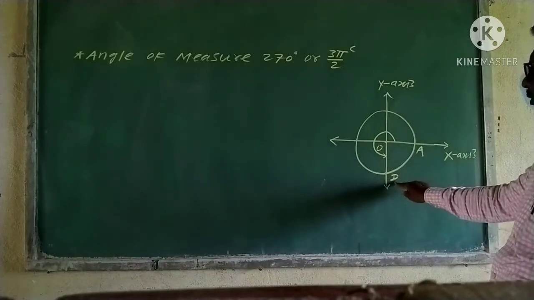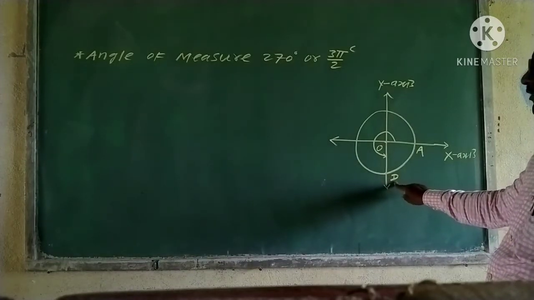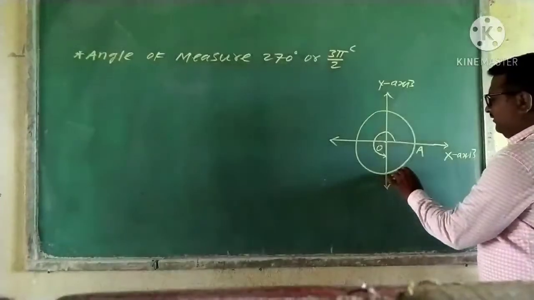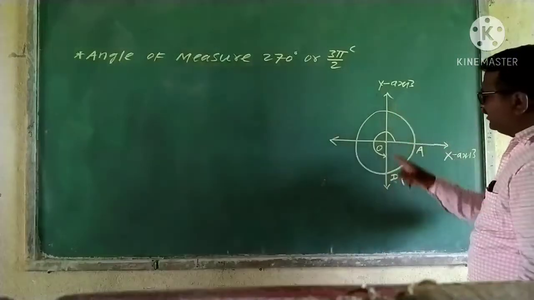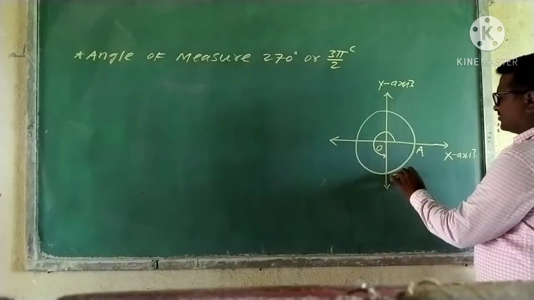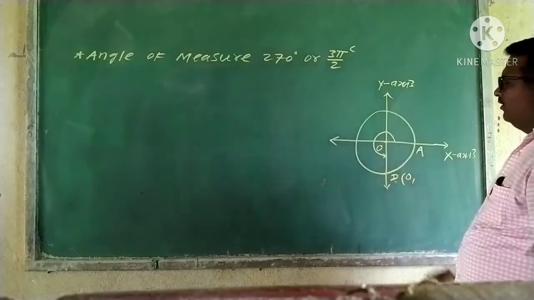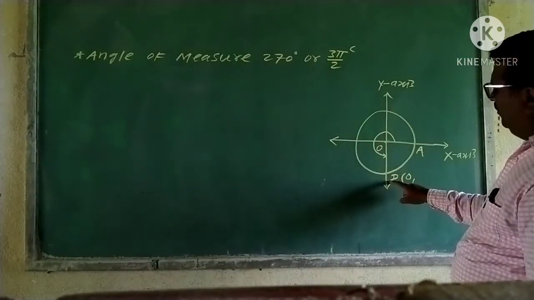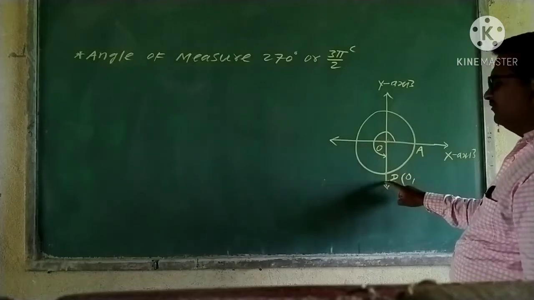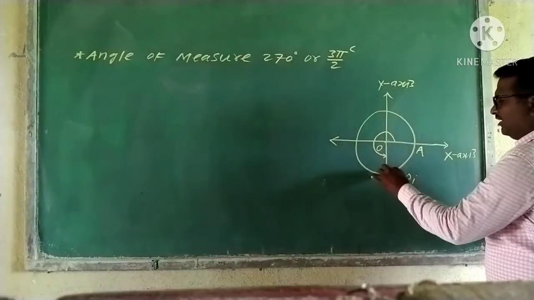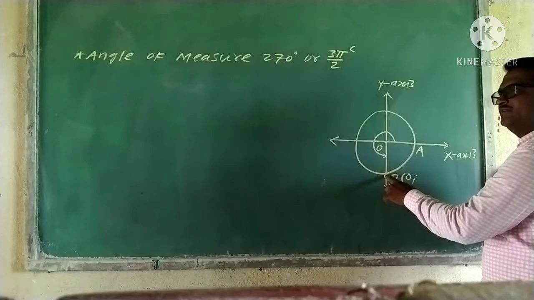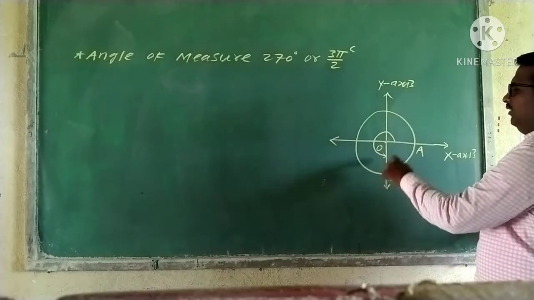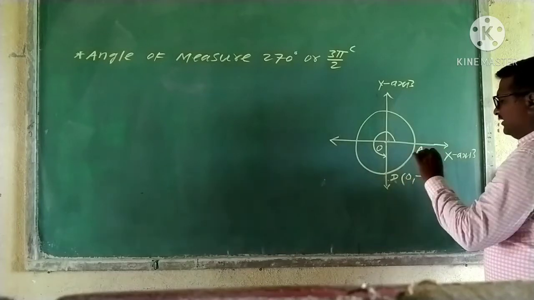The point D lies on the terminal ray, so we can find the coordinates of the point D. The point D lies on the negative side of the y axis, so the x coordinate equals 0. Point D is below the origin, so its distance OD equals 1, because OD is the radius of the unit circle, and since D lies below the origin, its y coordinate equals -1.